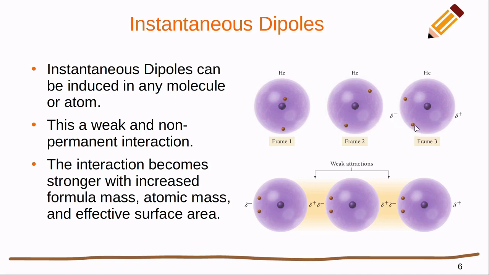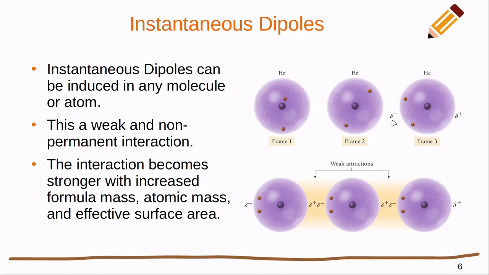But every once in a while, these electrons are going to gather together on one side of the orbital. What that's going to cause is an area of increased electron density, and that's going to lead to a partial negative charge. We indicate that with this lowercase Greek letter delta and a little negative symbol here. Over here, we have an area of decreased electron density, and it's going to have a partial positive charge.